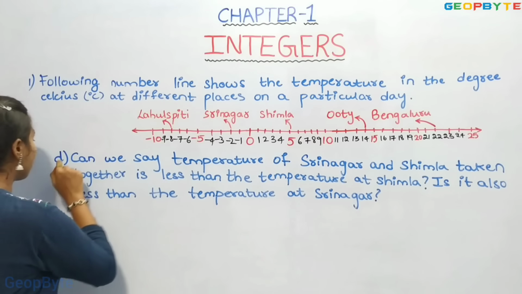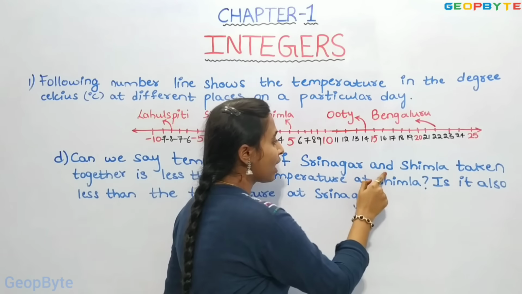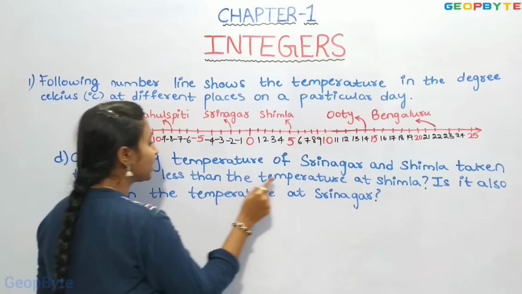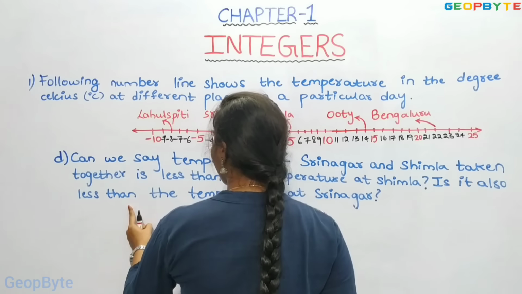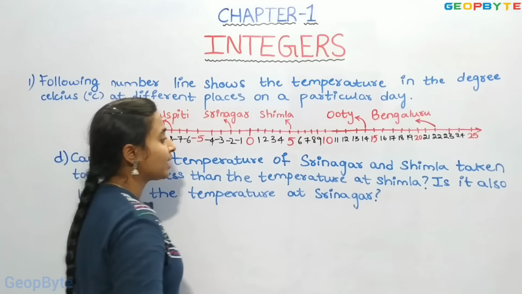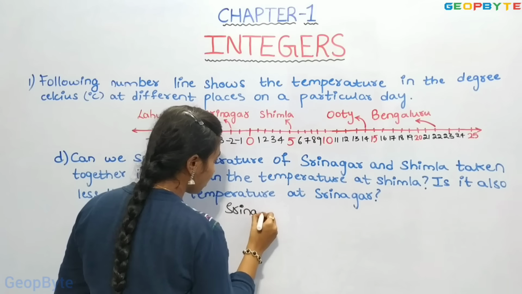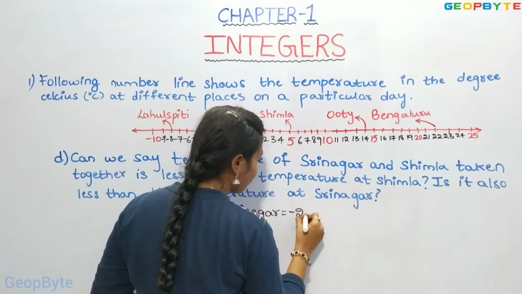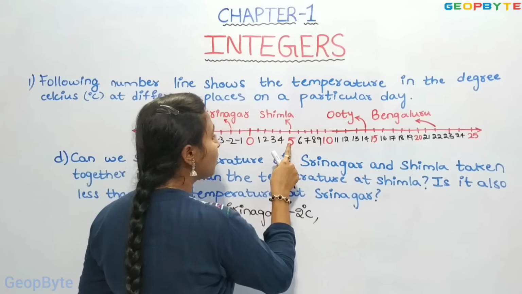Now, let us see part D. Can we say the temperature of Srinagar and Shimla taken together is less than the temperature at Shimla? Is it also less than the temperature at Srinagar? Let us see. Let us write the temperature at Srinagar: -2 degrees Celsius. And at Shimla, we have 5 degrees Celsius.